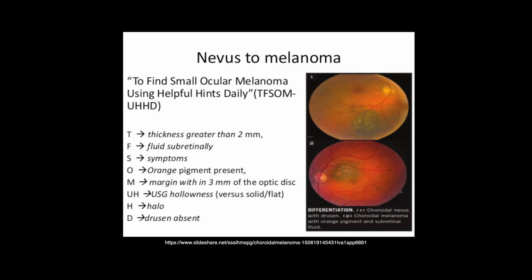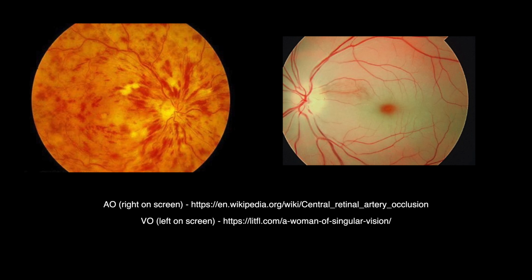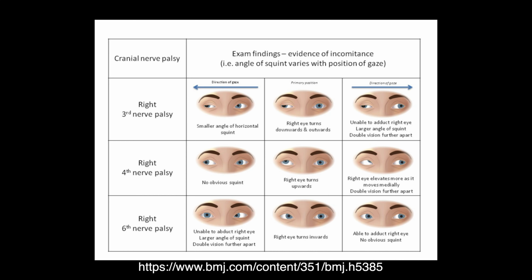What are the differentiating features between a melanoma and a choroidal nevus? PRP scars and implications for driving, for example, retinal detachments, central retinal artery and or vein occlusions, pituitary tumours, 3rd, 4th and 6th nerve palsies, and causes of cataracts.